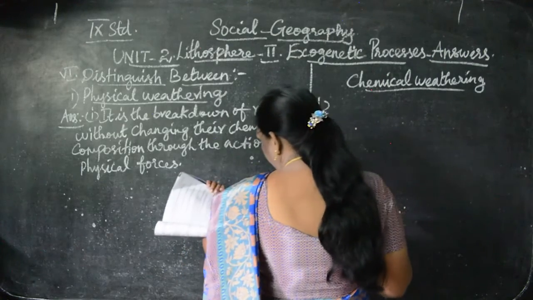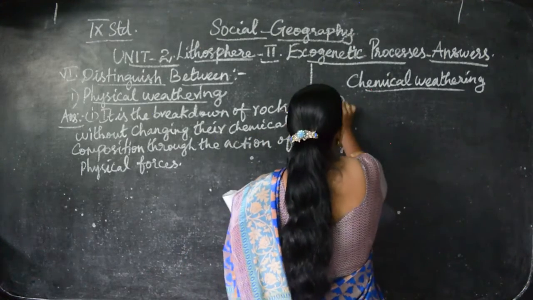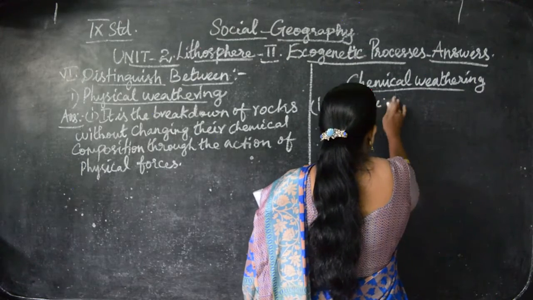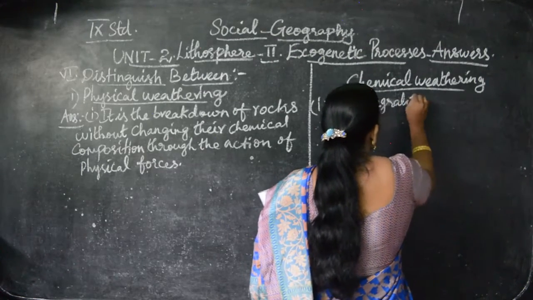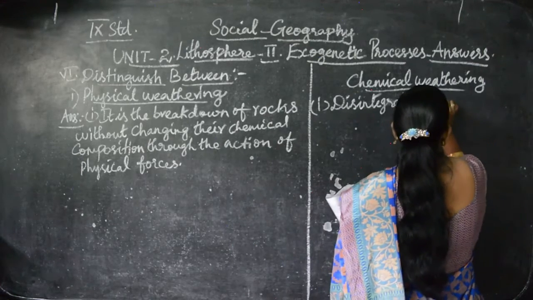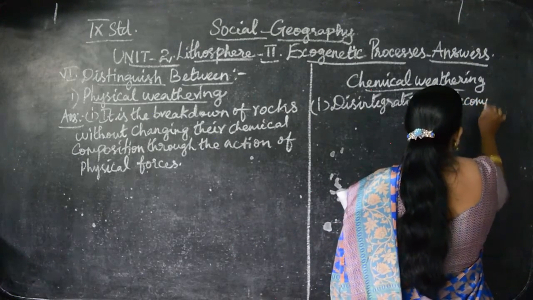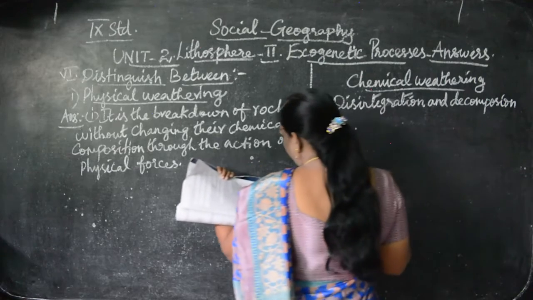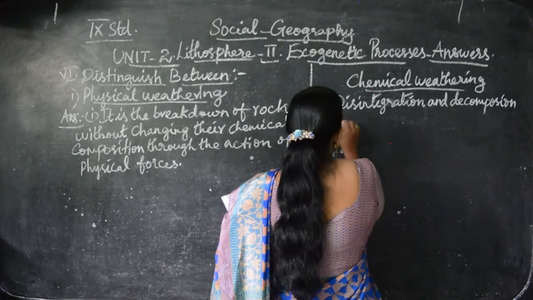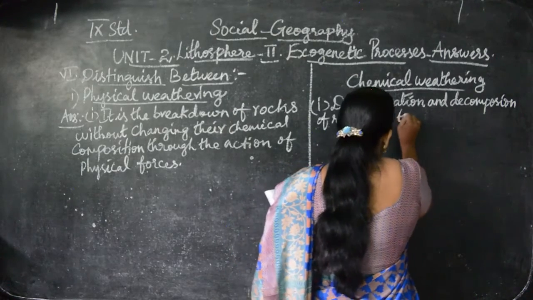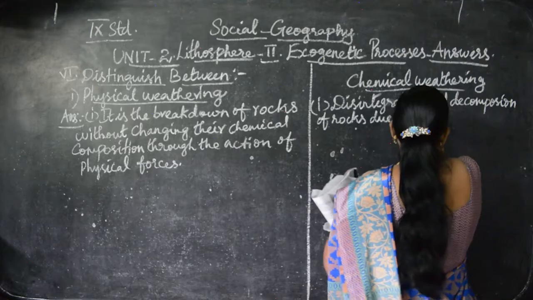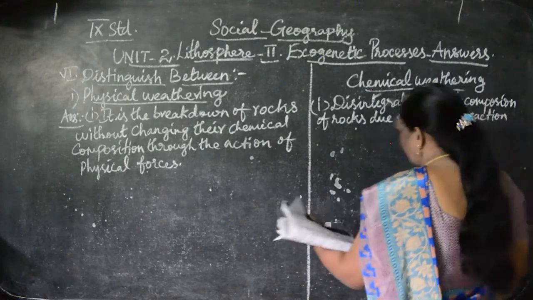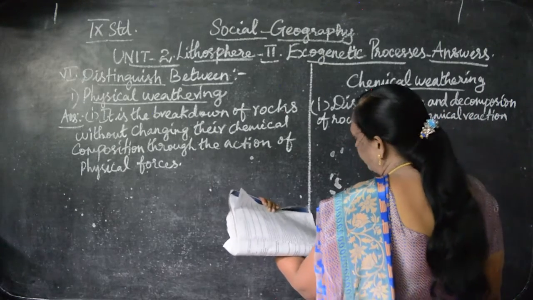And in chemical weathering, the first point: disintegration and decomposition of rocks due to chemical reaction is called chemical weathering.